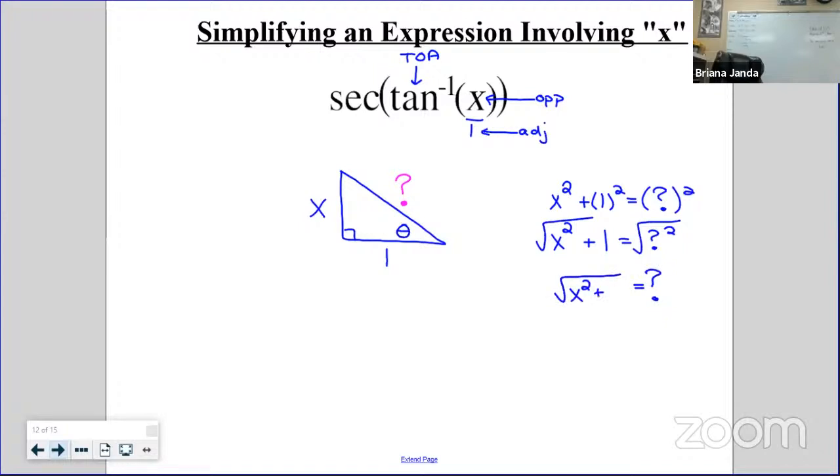Sometimes you're like, well, X squared is perfect and 1 is perfect. Can I square root both of those? Because of the plus between them, you can't simplify that any further. It stays the square root of X squared plus 1. So as I come back over here, I now know that this side, which was my question mark, is the square root of X squared plus 1.